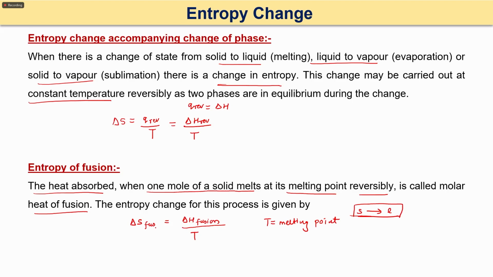So your change in entropy will be called the entropy of fusion, your delta H will be the molar heat of fusion, and T will be your melting point. This is how you can calculate the entropy of fusion.